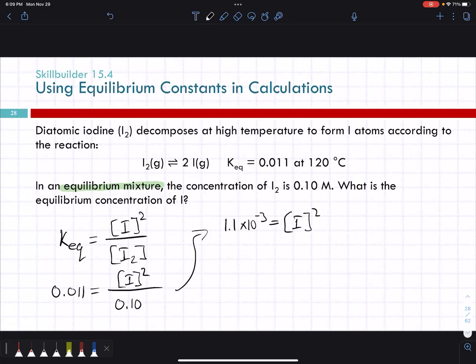So we take the square root of both sides, we get 3.3 times 10 to the negative 2 molar equals the concentration of iodine.